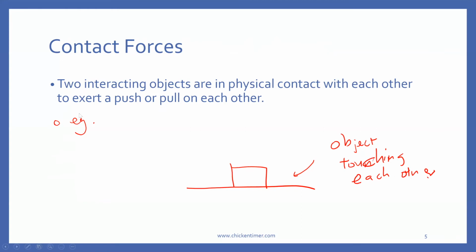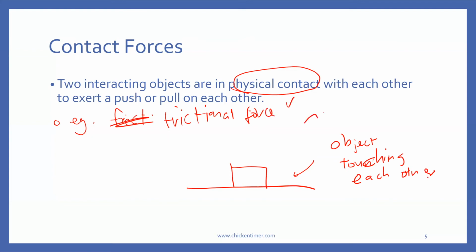They say contact forces have to happen between two objects that are in physical contact. So they must be touching each other. Gravitational force, the objects are not touching. The gravitational force is the force that the center of the earth acts on the human. Frictional force. Yes, frictional force. So that's one. Any more? Any other contact force? Look around you. You can think about it.